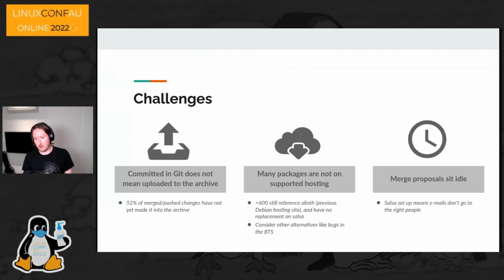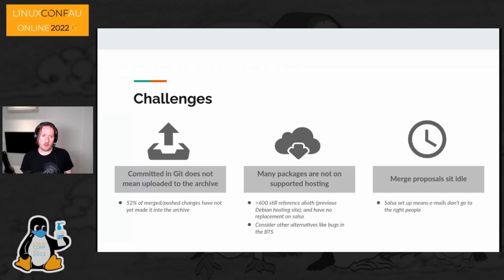And then there's also some challenges around the long tail of packages that haven't switched over to a version control system yet, or that still claim that they are hosted on Alioth, which is the previous hosting platform that Debian used, and that was deprecated, I think, over 4 years ago.